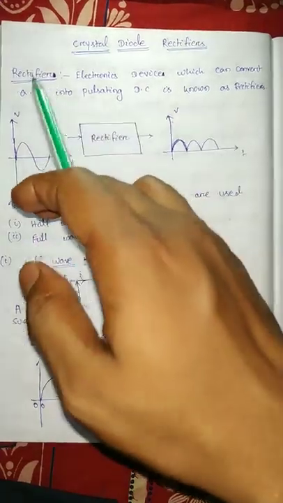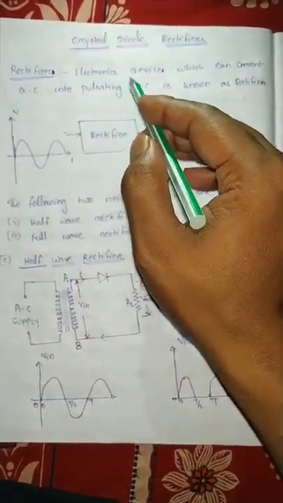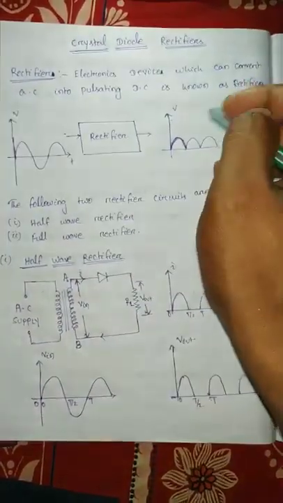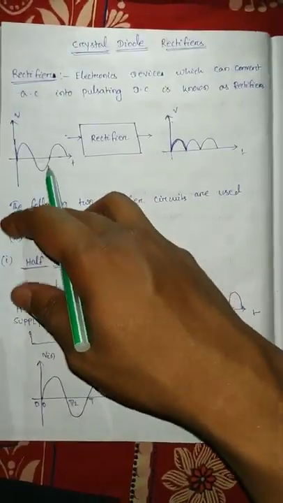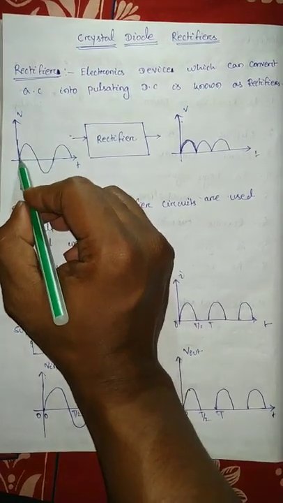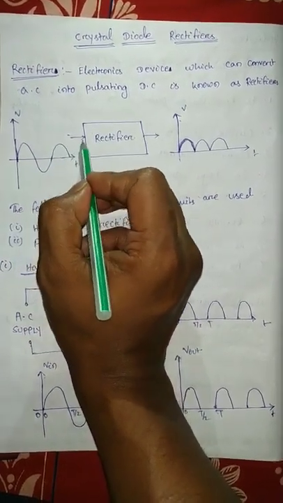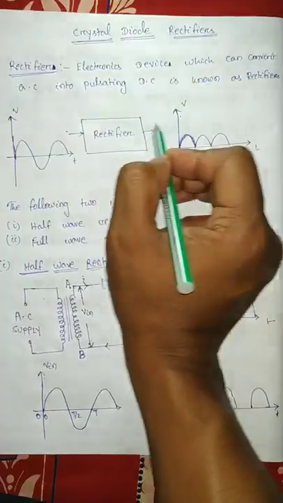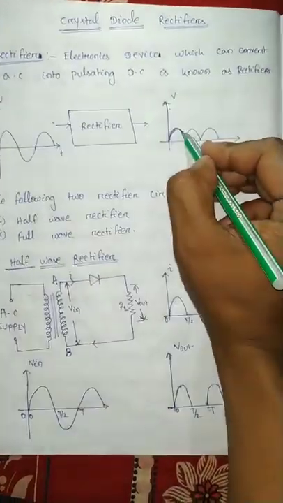Now first, what is a rectifier? A rectifier is an electronic device which can convert an AC into pulsating DC. As you see in this figure, if we give a sinusoidal AC signal as input to a rectifier circuit, at the output we obtain pulsating DC.